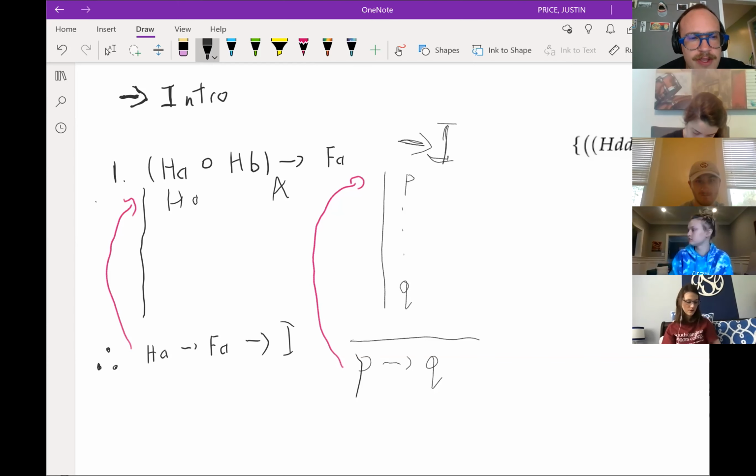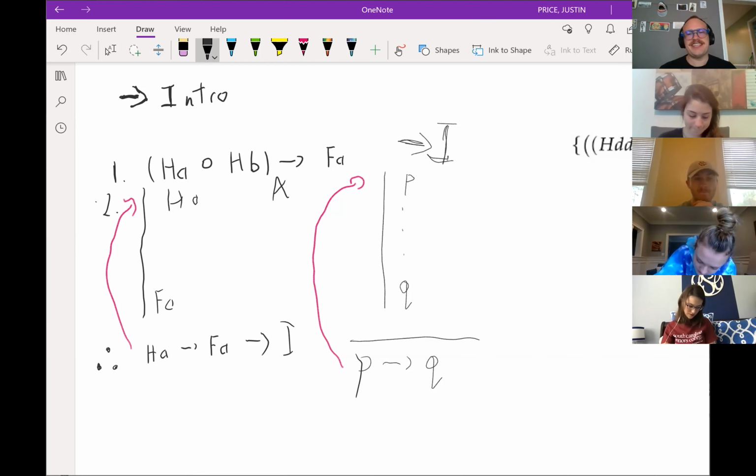So knowing that we have to get FA now in order to complete this derivation, how are we going to get there? Can anyone tell me what line number 3 will look like? Introducing a disjunction. Okay, yeah. Why do you say that, Maddie?